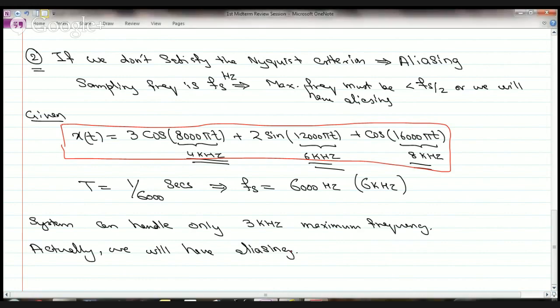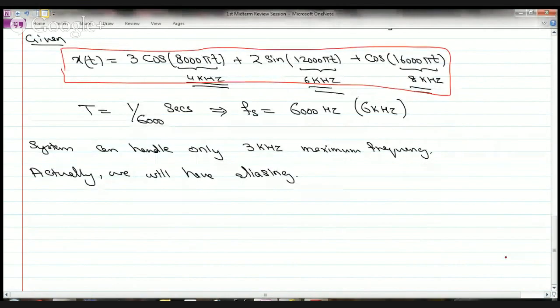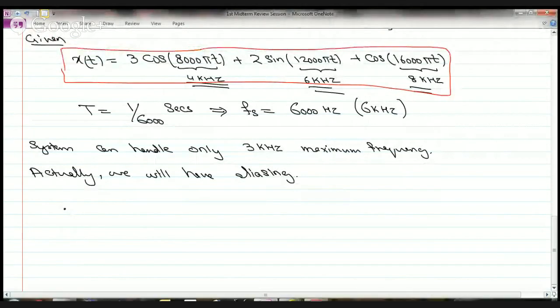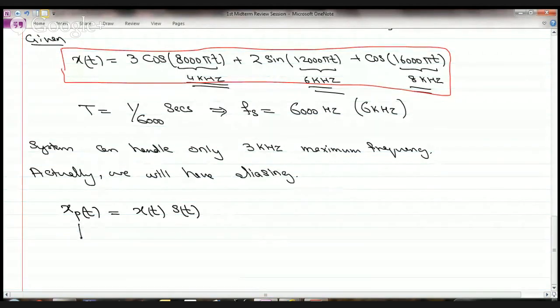So one way of looking at it is we can look at the x_p(t) signal, which we had defined as the impulse sampled signal, x of t times s of t. And we know what the Fourier transform of this looks like.